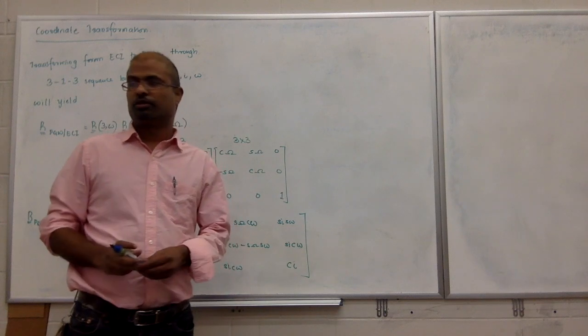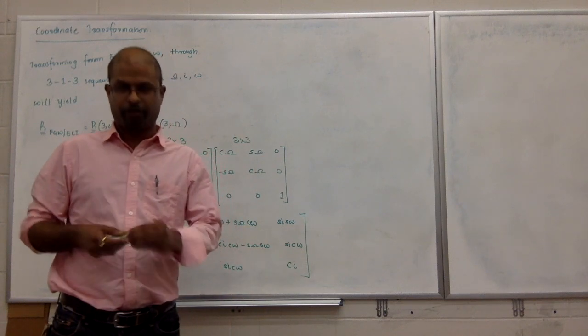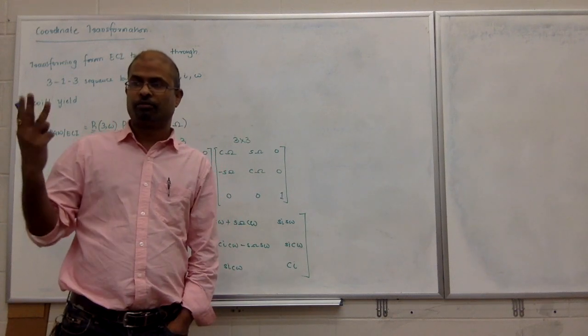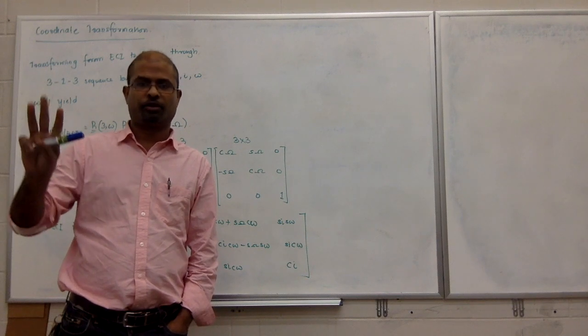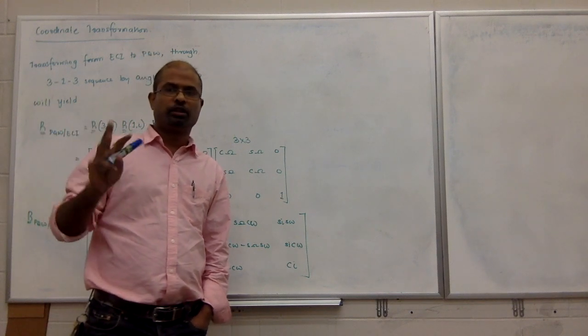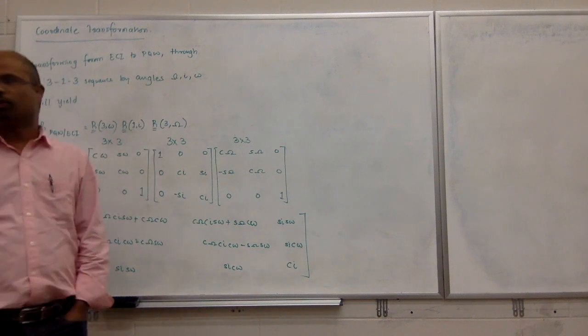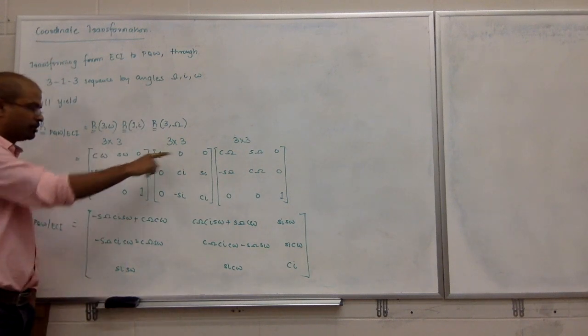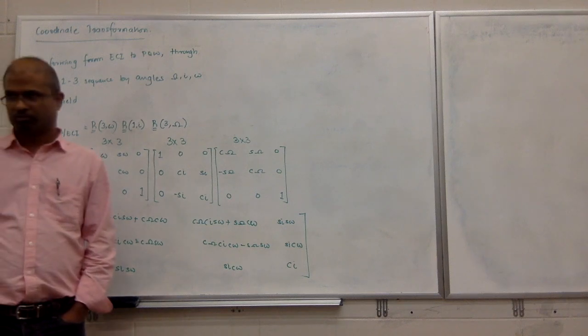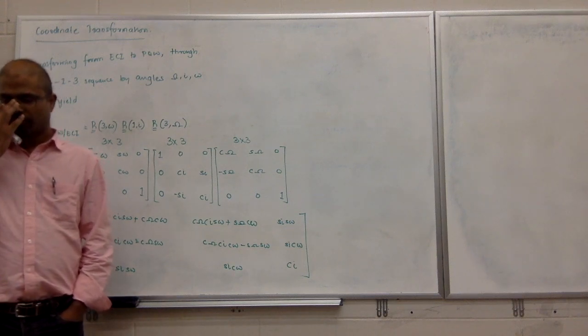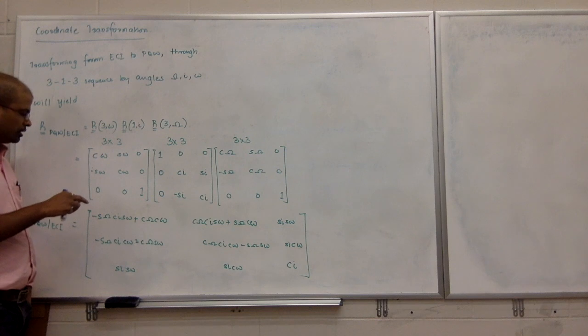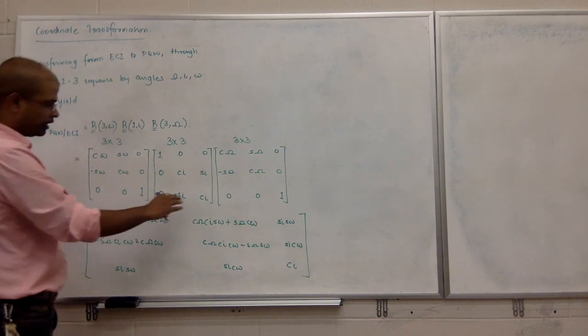So think about this. How many fundamental rotations are there? 3, right? There are always 3 fundamental rotations. And if you change the angle, the angles will change here. That's simple. Can you arrive until this point?